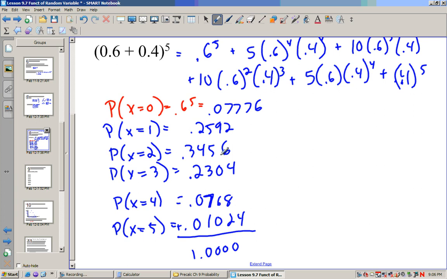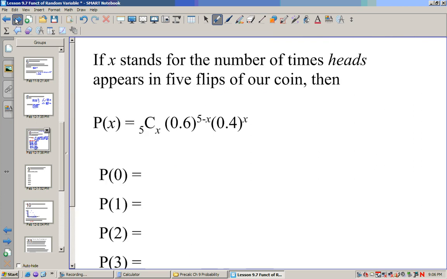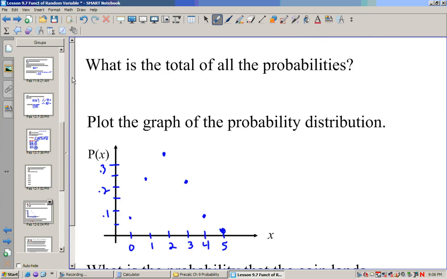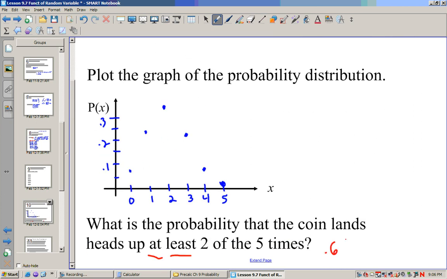So that's going to be 0.3456 plus 0.2304 plus 0.0768 plus 0.01024. And I got 0.66304. So about 66% of the time, you'll get 2 or more heads.